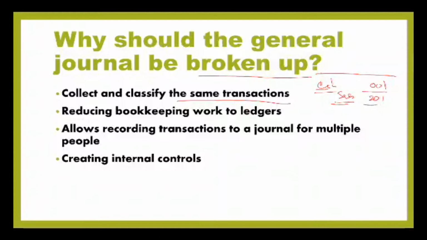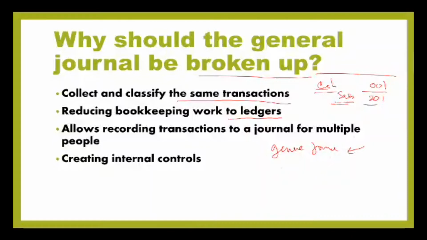And then second, reducing bookkeeping work to ledger. This means that when using bookkeeping, we can do the journal by posting it into a ledger. I will explain later about this one. And then it allows recording transactions to a journal by multiple people. When you make only one general journal, there is only one employee who can manage it.